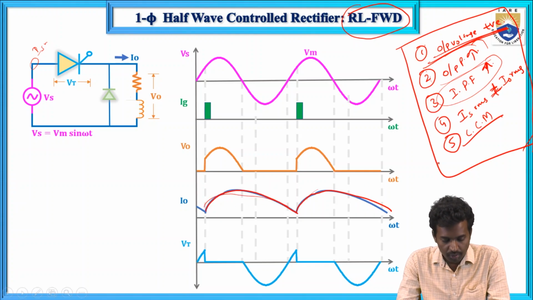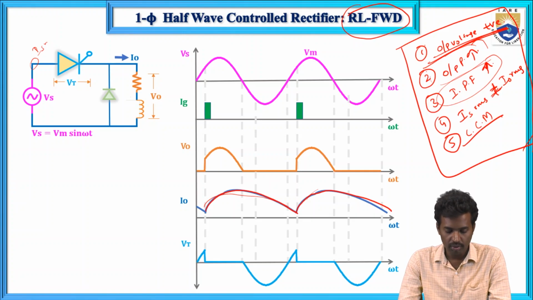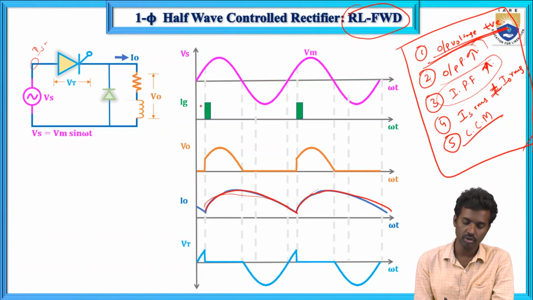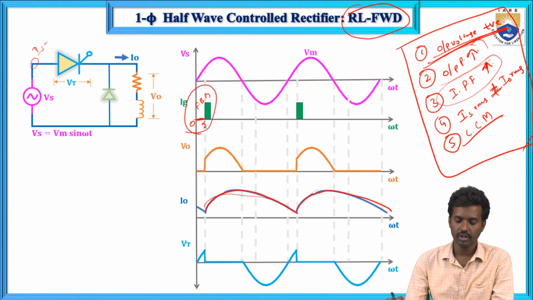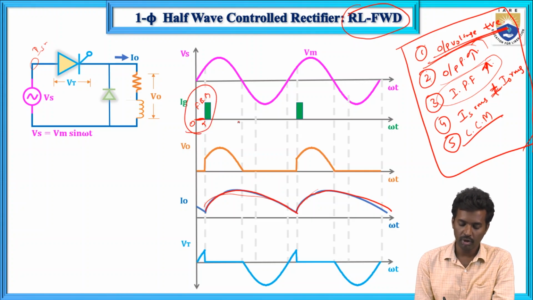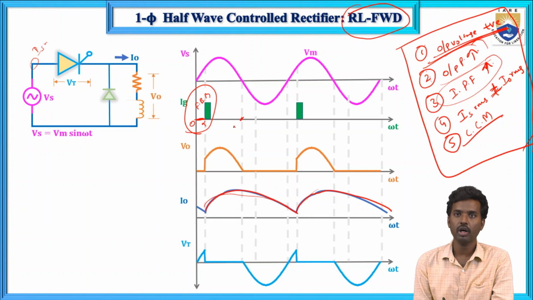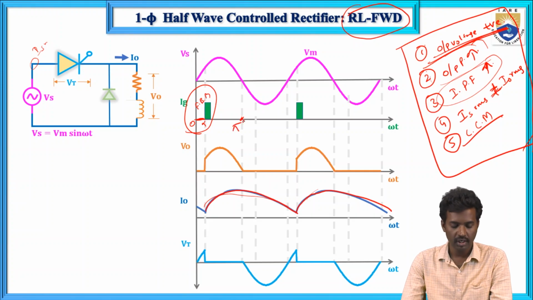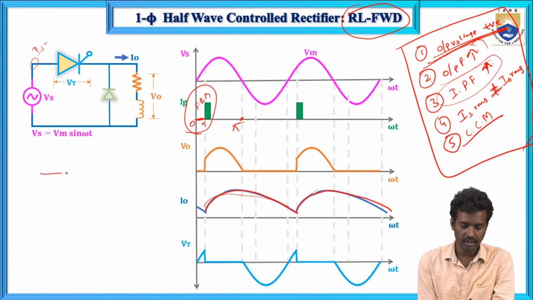And now, how does it work? During the positive half cycle, from 0 to alpha, the SCR is in forward blocking mode, which we have seen already. Next, from alpha to pi, the SCR is conducting, so this diode is in reverse bias, meaning open circuit, and this is the RL load.